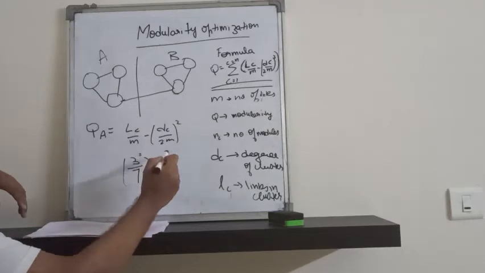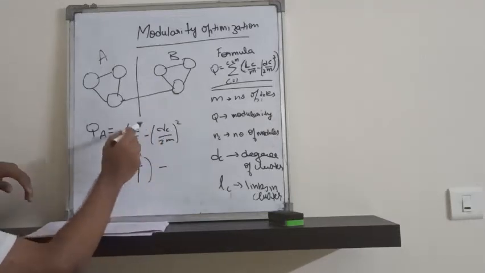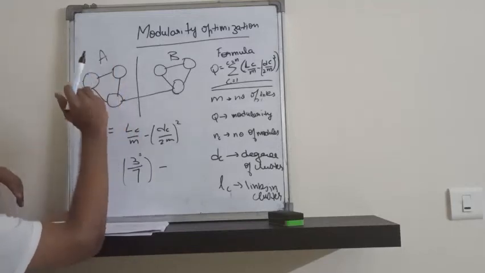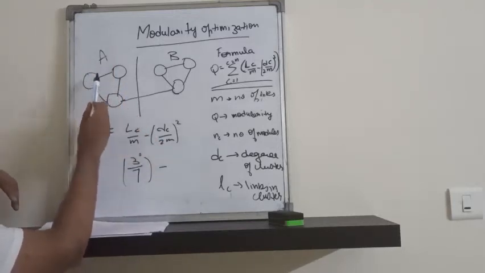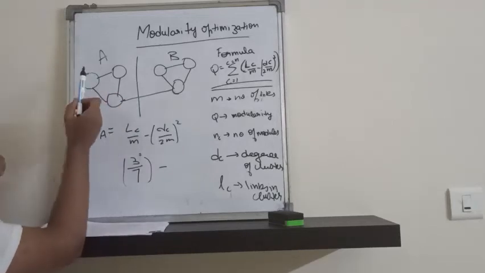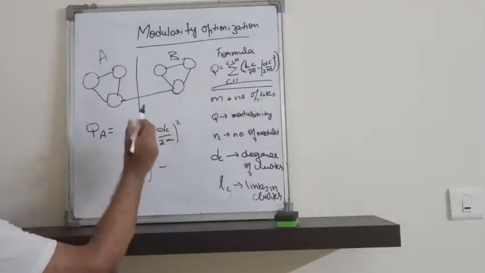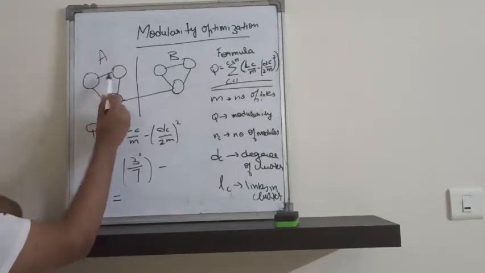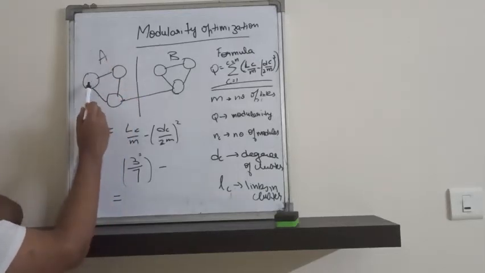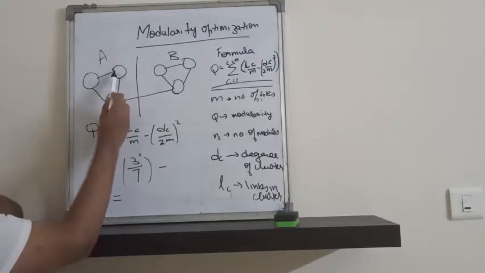minus DC. DC is the total degree of the module or the cluster. So what we have to do is we have to find the degree of each node and sum it up. So DC is the degree of this cluster. We have to find the degree of each of the nodes and sum it up. The degree of the first node will be 1, 2. The degree of the second node will be 1, 2.